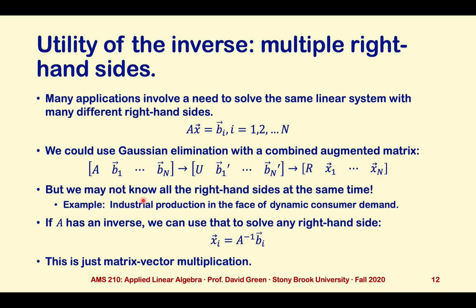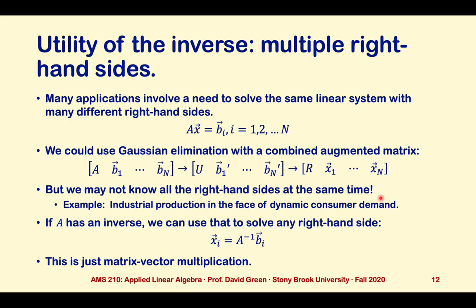As an example, think about an industrial production problem where we're trying to figure out production levels, hours run by various factories or facilities, or amount of material processed by various facilities in the face of dynamic demand, that demands are changing.